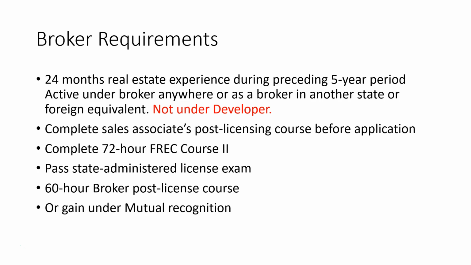You have to complete a sales associate post-licensing course before you put in your application. You must complete 72 hours of the FREC course number 2 and pass the state exam, which is also 75%. Then after you get your broker's license, you have to do a 60-hour broker post-license course, or gain it under mutual recognition. That is, you have a broker's license in another state which is recognized by Florida as a mutually recognized state.